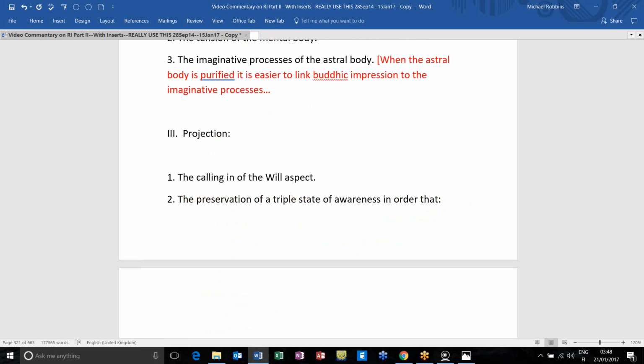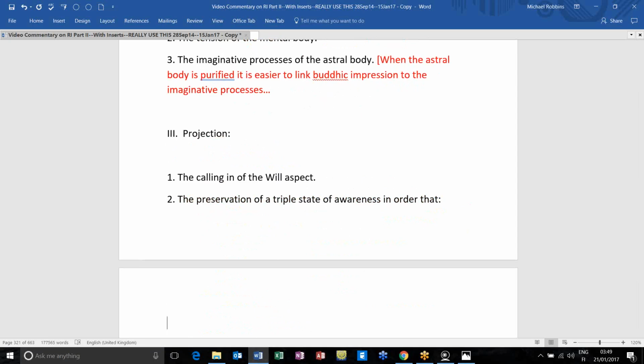And this, of course, has to come partially from the jewel in the lotus, but any calling in of the triad is to an extent the will aspect. And the preservation of a triple state of awareness, the factors that are involved, right?